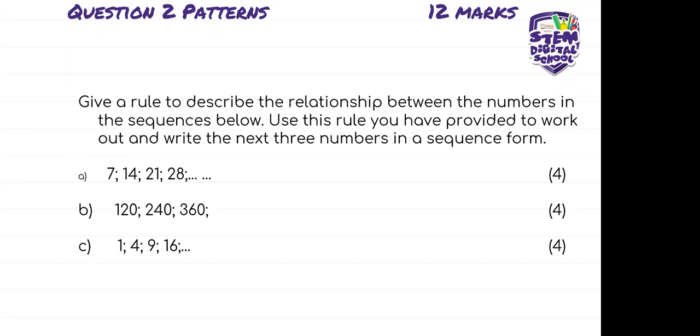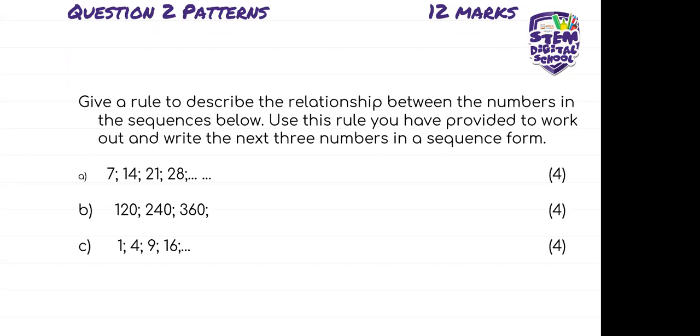Natalie agrees. I think Lisady as well. You add 7. Alternatively, you can be looking at the multiples of 7. So you add 7, or you look at the multiples of 7.